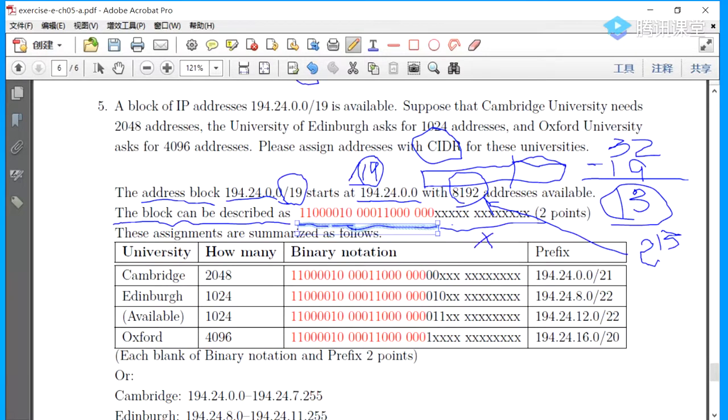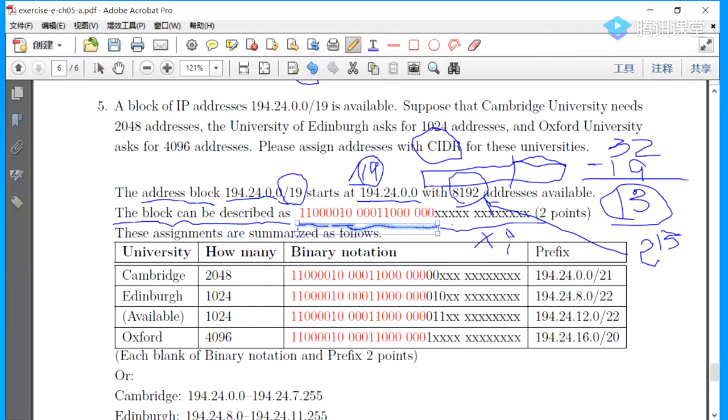X means the bits can be 0 or 1. So these bits can range from all 0 to all 1, because X means it can be 0 or 1.